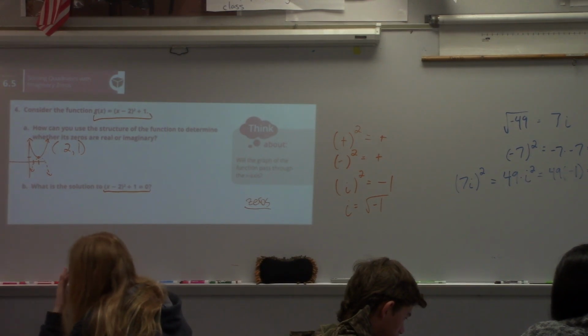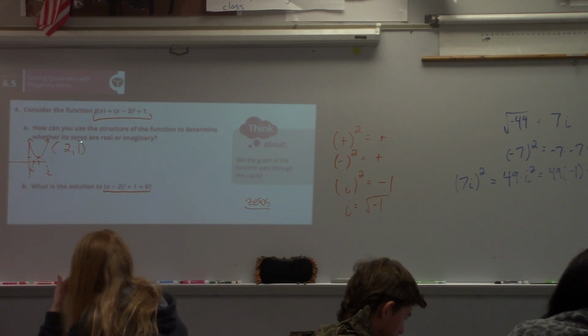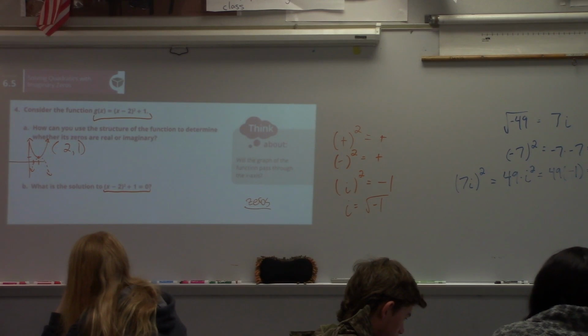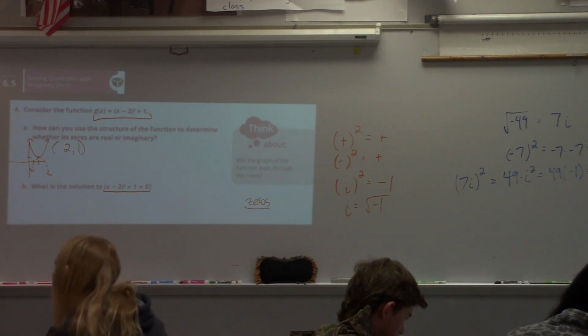Well, what are we solving for in part A? What does it talk about? Whether what are real or imaginary? The zeros. Remember, zeros are connected to x-intercepts, but more importantly, if it's imaginary zeros, there aren't x-intercepts.